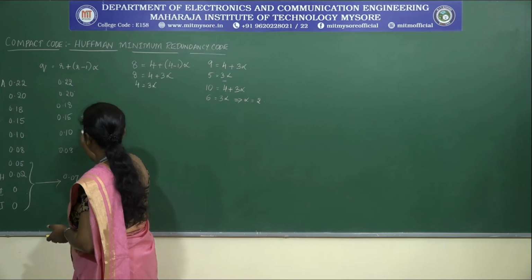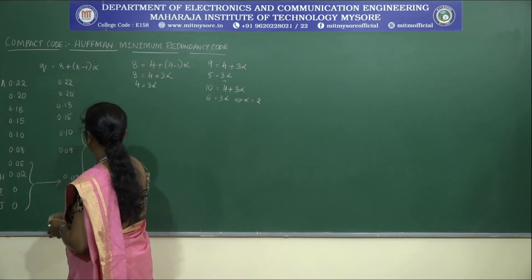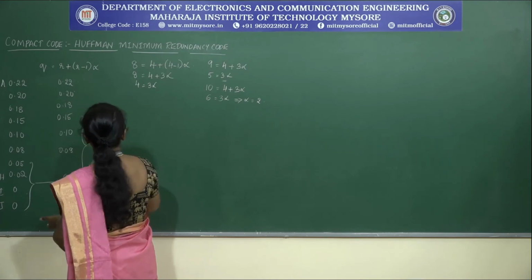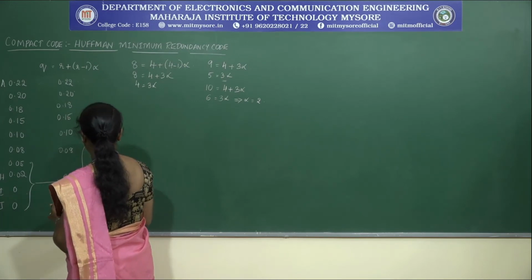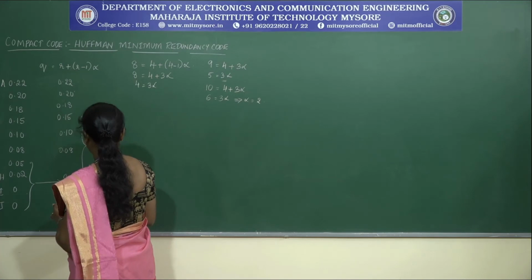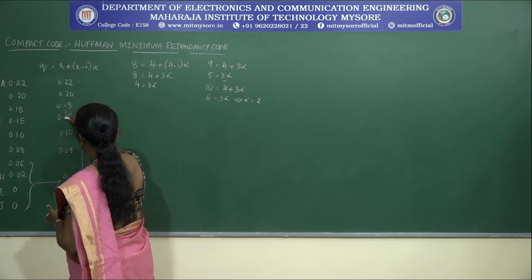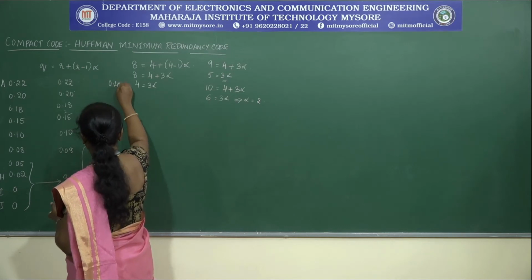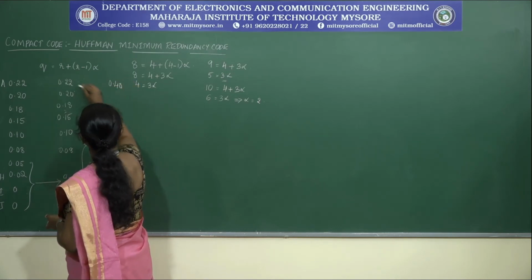So next combine these 4 source symbols. It is 15 plus 5, so it is 20. So it is 2, 3, 4, so it is 0.40.